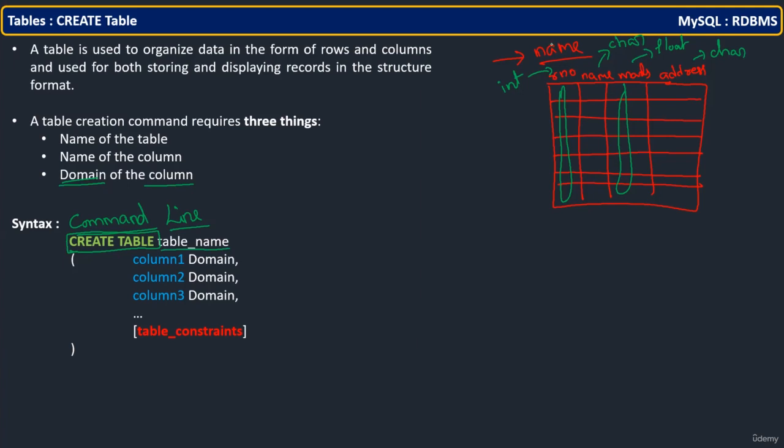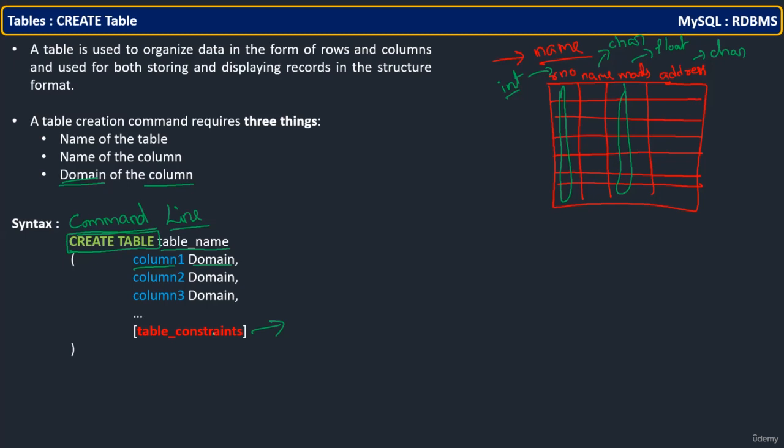After that come the column names, column 1, column 2, column 3, like roll number, name, marks, address, and then the domain, what kind of data that column has to allow. And sometimes you may have constraints, which you mention at the end. This is optional, you may or may not have constraints, that is why it is in square brackets.